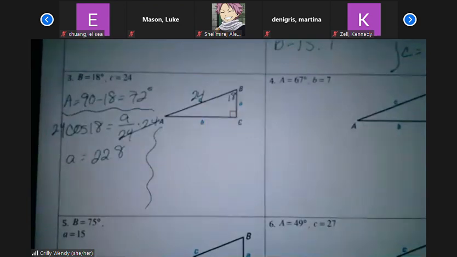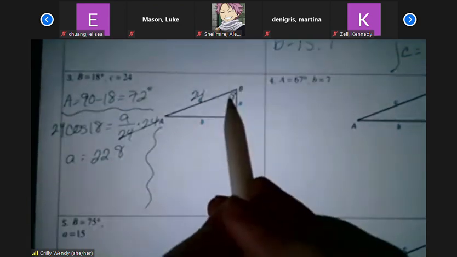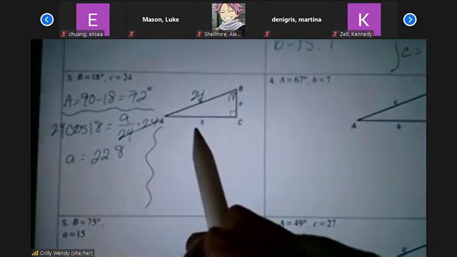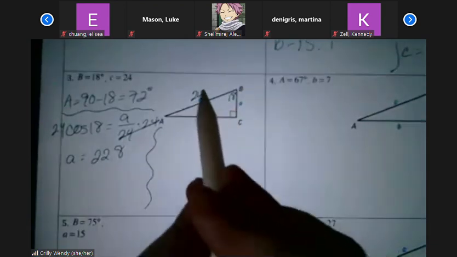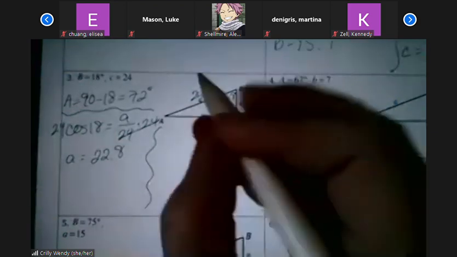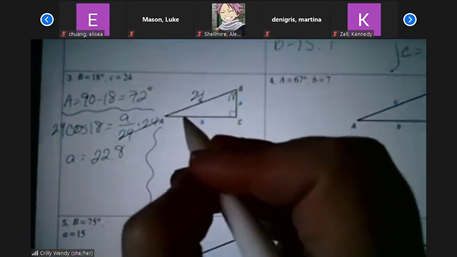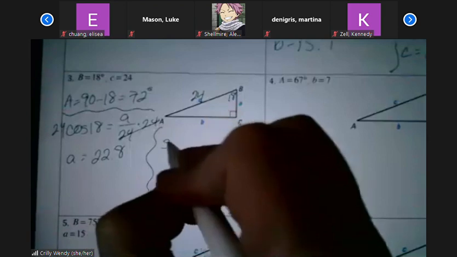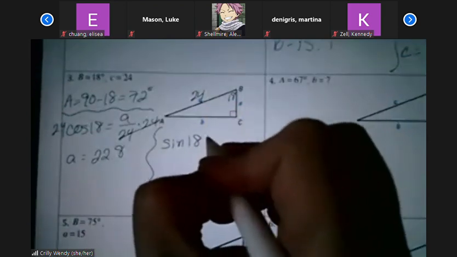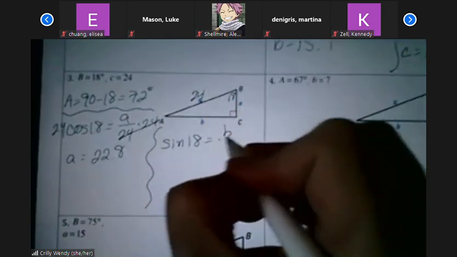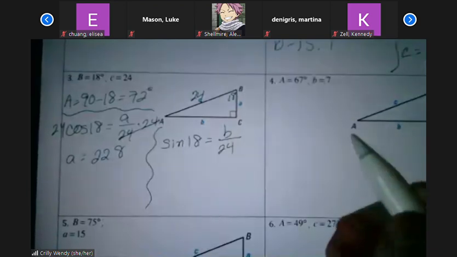All right, so then for side B, if I look at 18, B is the opposite leg. So I need the opposite leg. I have the hypotenuse. So opposite and hypotenuse is sine. So now I'm going to say the sine of 18 equals B over 24.